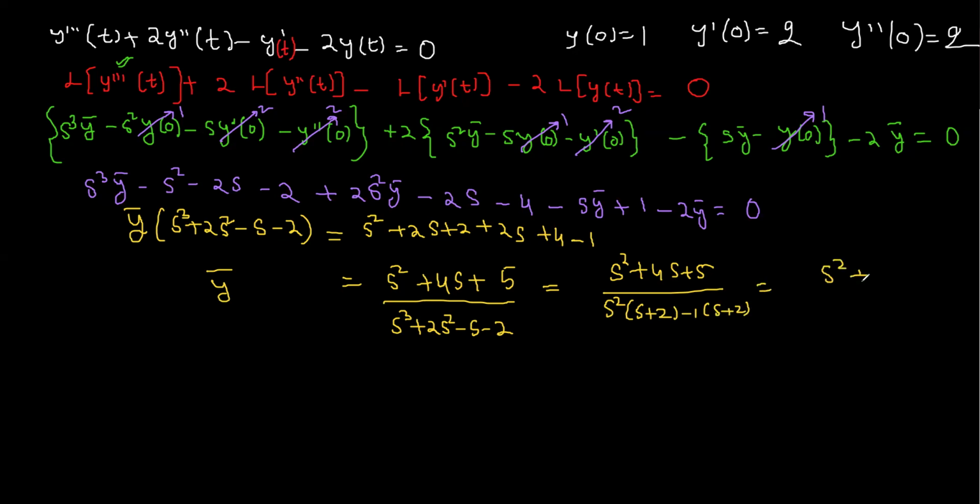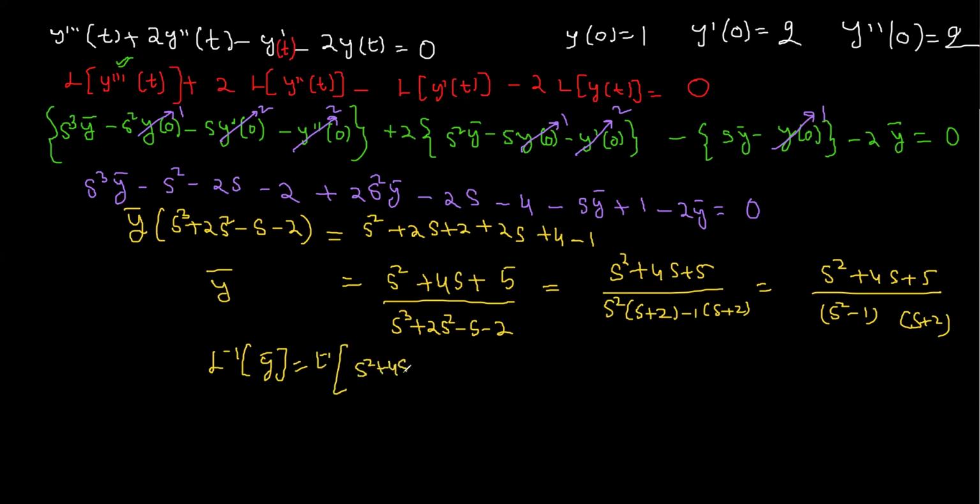So what will you get? S square minus 1, s plus 2. Right? Take Laplace inverse on both sides. S square minus 1 can be written as s minus 1, s plus 1, right? So basically you have three factors.